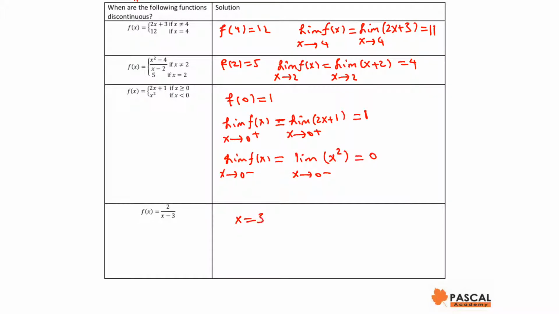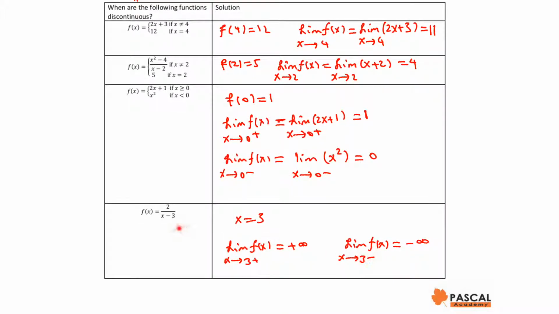Clearly, x = 3 is the vertical asymptote of the function. When x approaches 3 from the right side, the limit is positive infinity, and when x approaches 3 from the left side, it is negative infinity. When x is a little bit more than 3, it is positive. The denominator is getting smaller and smaller, therefore the function approaches positive infinity.